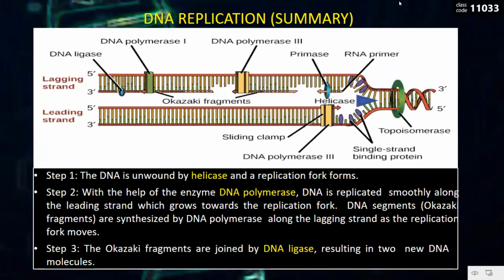So, to sum it up, okay, the first step, tandaan nyo palagi, the DNA is unwound by the helicase. Okay? After that, step 2 is the synthesis, di ba? Synthesis of DNA fragments. And those DNA fragments are connected using a DNA polymerase.